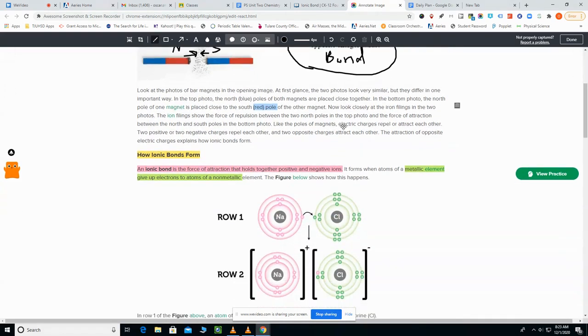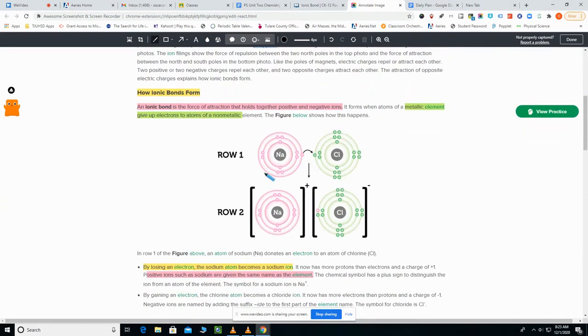Let's take a look at what we've looked at before. A quick review: metals lose valence electrons. On the opposite end of the spectrum, nonmetals gain valence electrons.